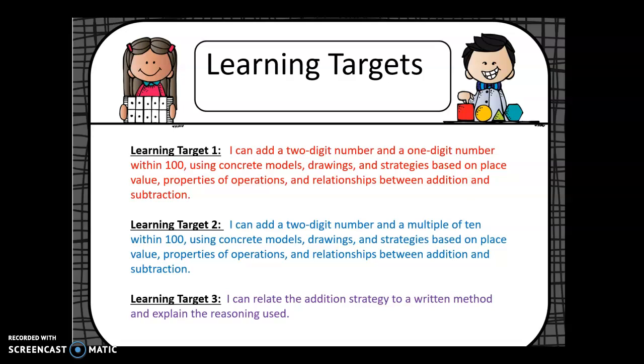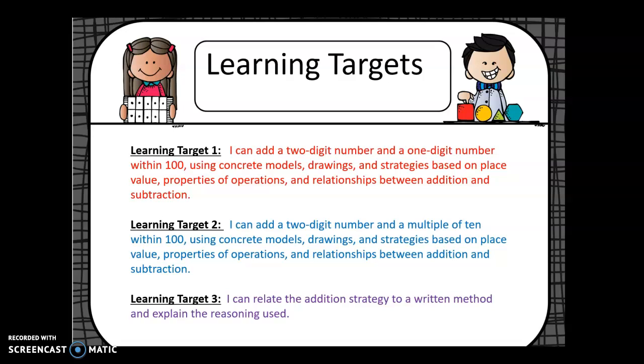Let's look at our learning targets. Our first learning target is: I can add a two-digit number and a one-digit number within 100 using concrete models, drawings, and strategies based on place value, properties of operation, and relationships between addition and subtraction.